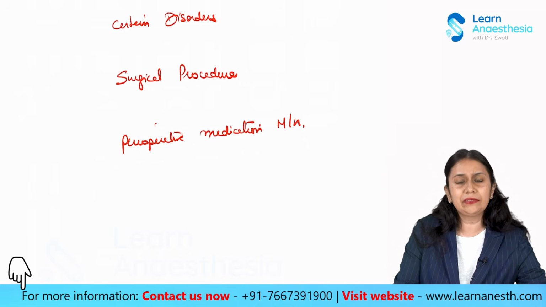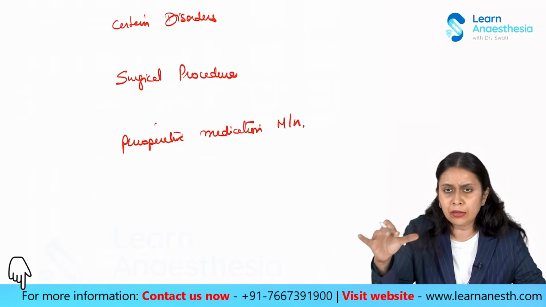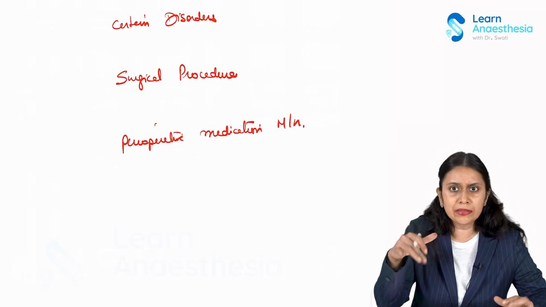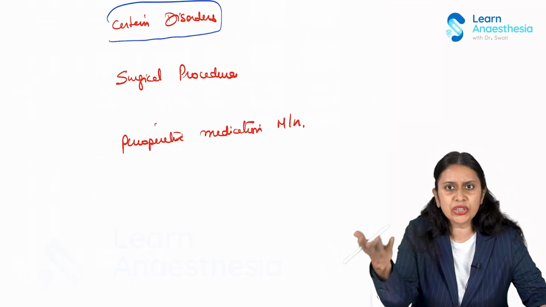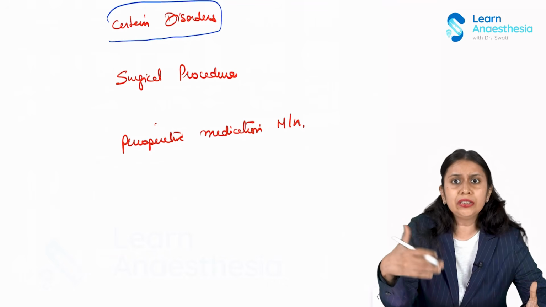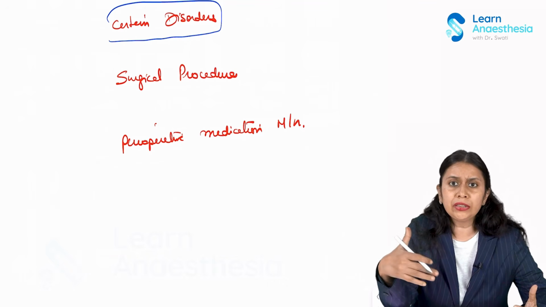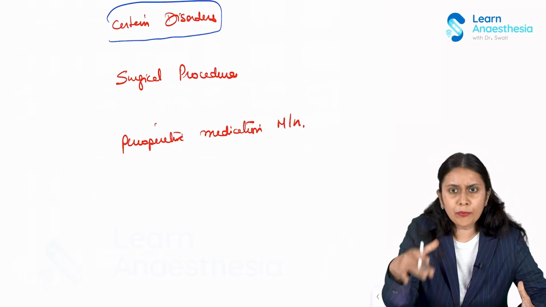Now, if my patient is posted for elective surgery and has a certain reversible disorder which can increase the risk of bleeding and of getting a blood transfusion, we can optimize that patient.